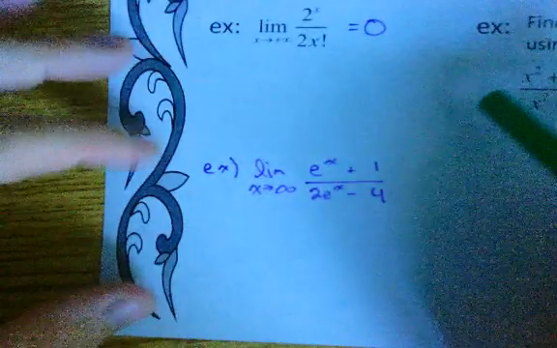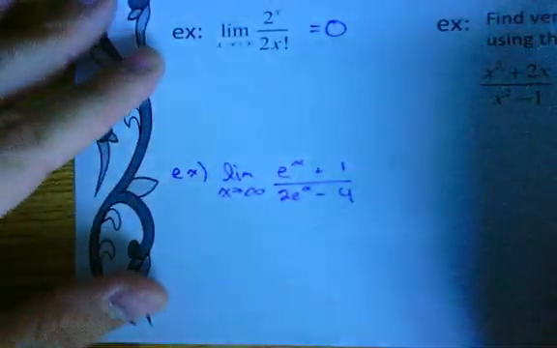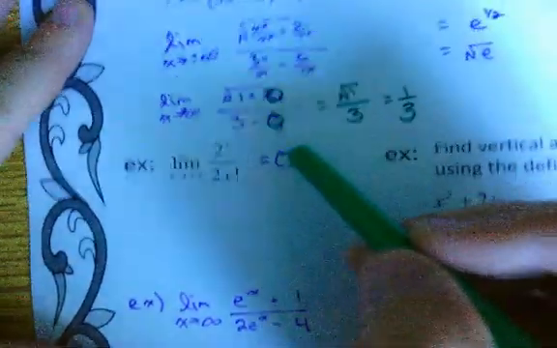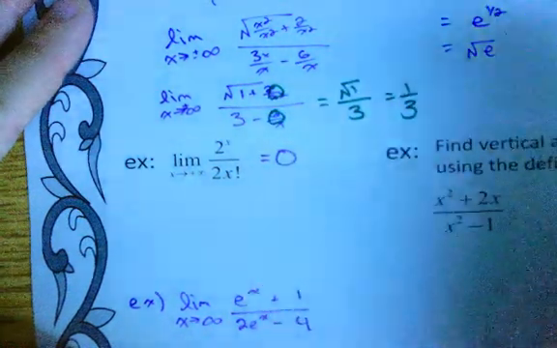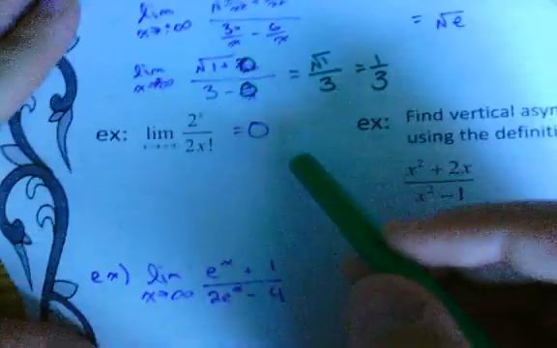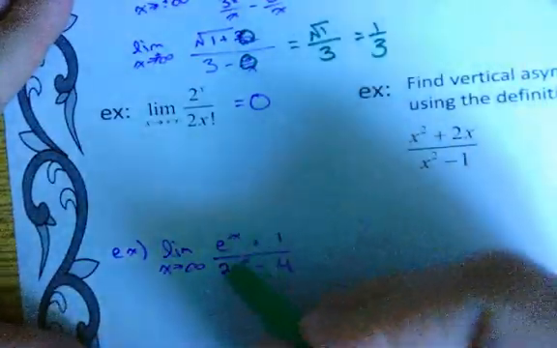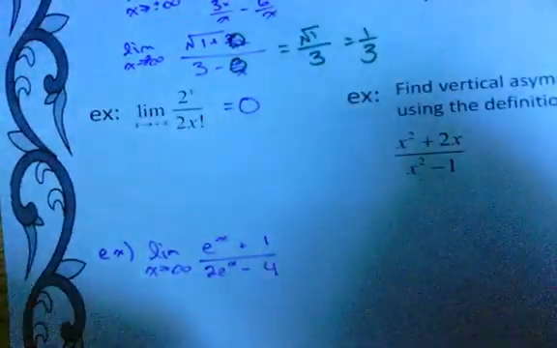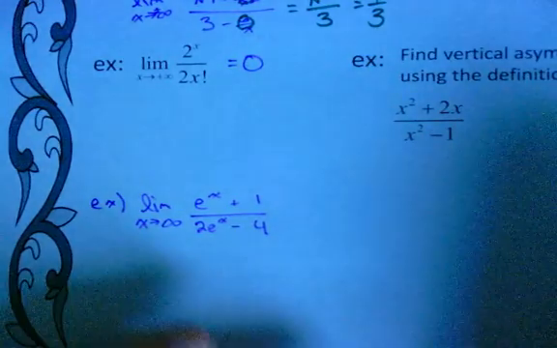Okay, so what you want to do here, these are growing at the same rate, so it's not 0. Like this one right here was just growing faster on the bottom. Okay, these are growing at the same rate. I know there's a 2 down there, but it's the actual function itself. It's growing at the same rate, top and bottom.